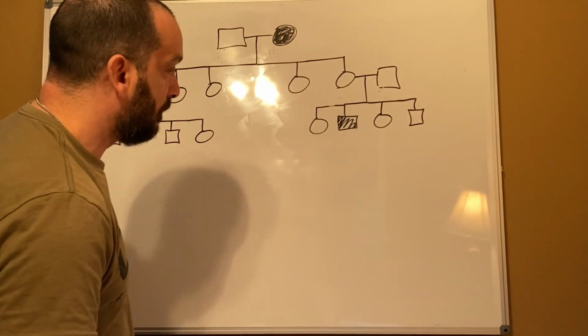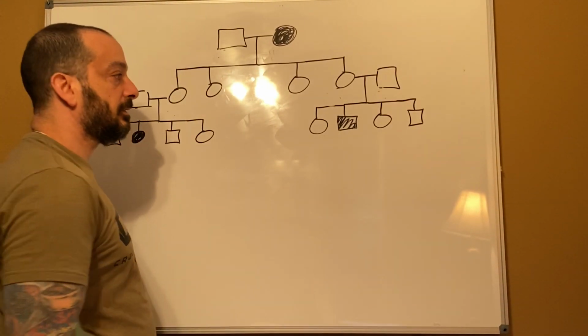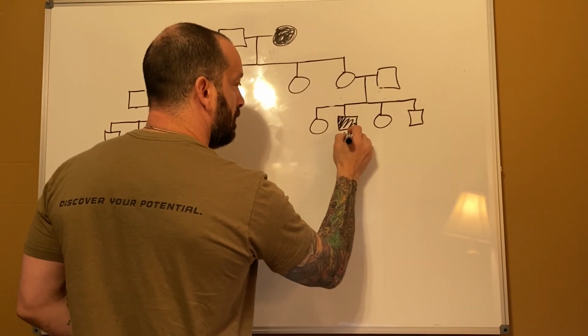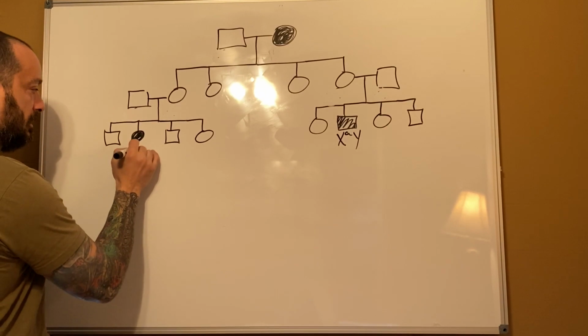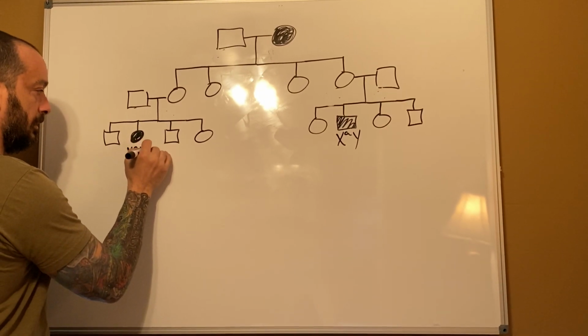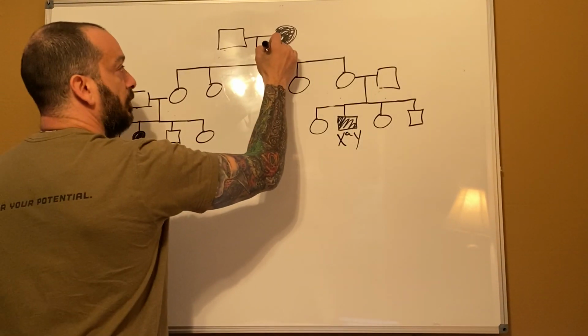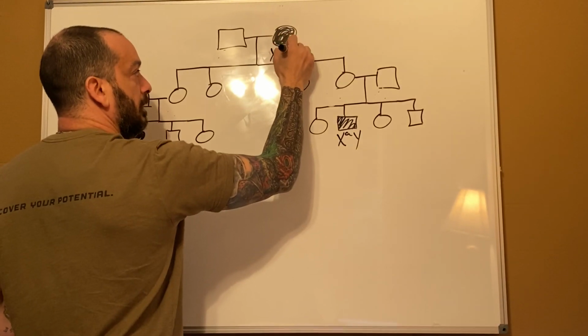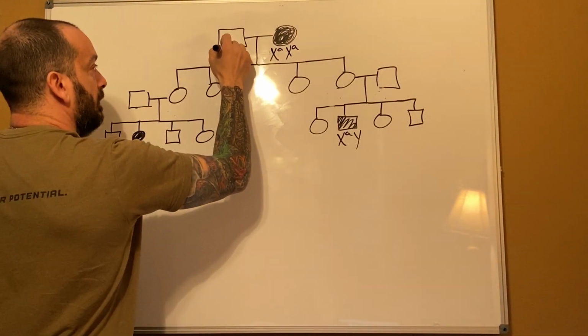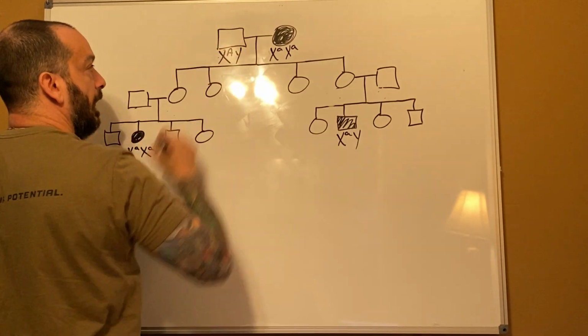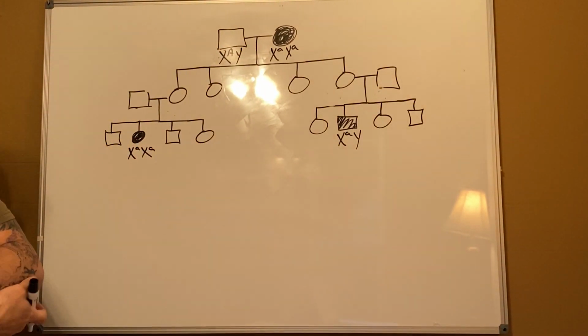All right, so if that is X-linked, right, then that would mean that this person has to have that, right? And this person has to be that. And this woman has to be that, right? We know that dad doesn't have it, right? So he's that, right? Okay, can we make this work?